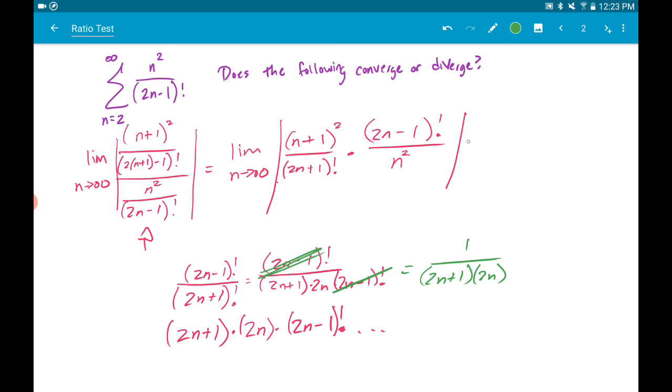So if I rewrite this, I'm a little worried about space here, but we'll have faith. I've got n plus 1 squared. I crossed out this. On the bottom, I've still got 2n plus 1 times 2n. And then I've got this thing left over.